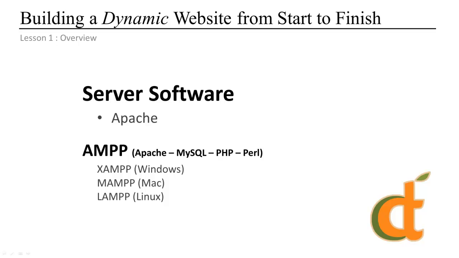I believe all of it's now called just XAMPP, whereas in the past there was a Mac version, a Linux version, and a Windows version. I believe they're all wrapped up into one package now, but I could be wrong.